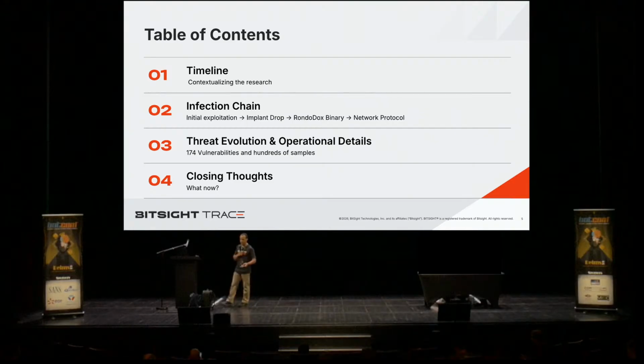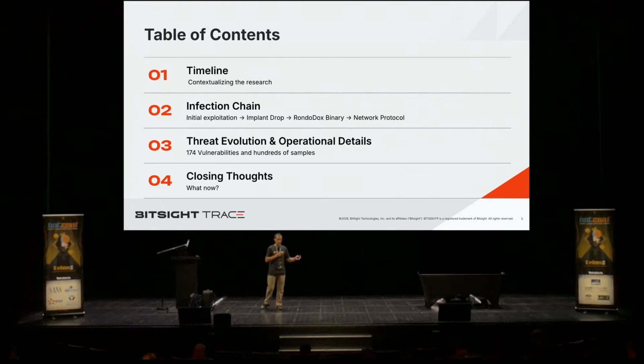Then I'll focus on the network protocol, which is very simple and also a very good indicator of their network activity. Then we'll pivot to the threat evolution and the operational details, so we'll see some changes we've noticed throughout these months, as well as some infrastructure details of what they're using and what they potentially could be using. And then we'll close it off with some questions and whether it's still relevant today.